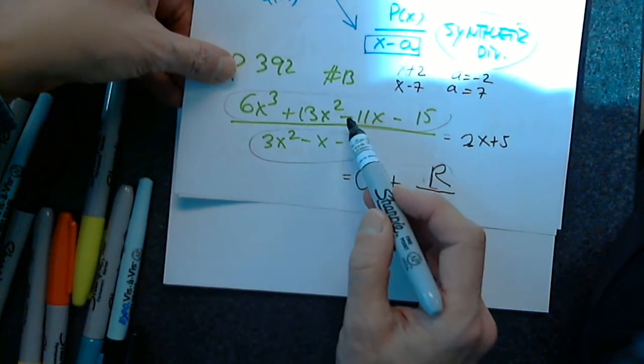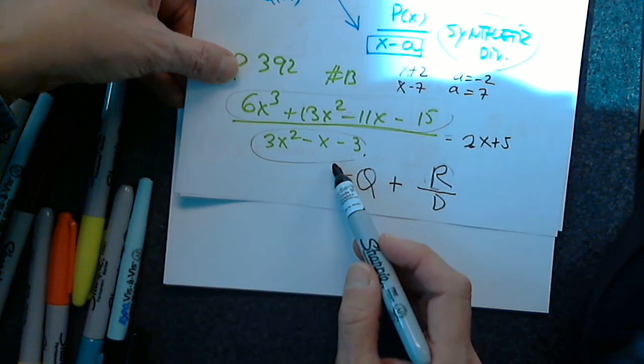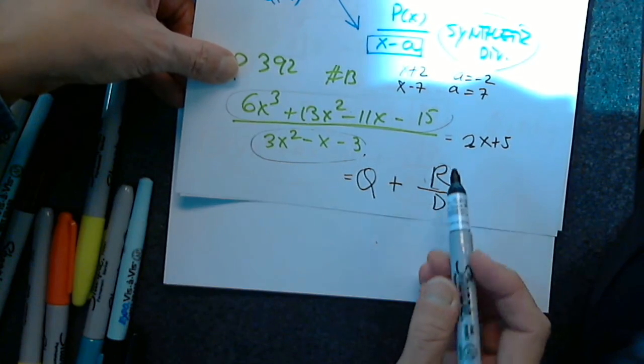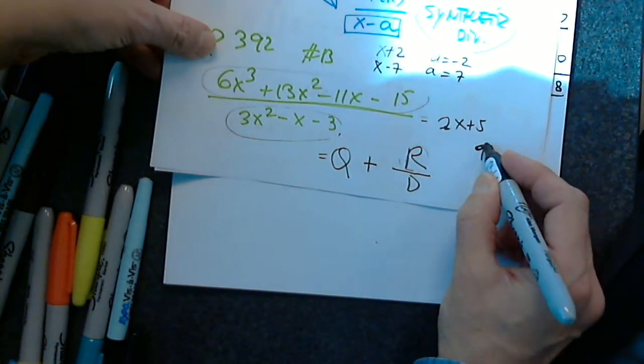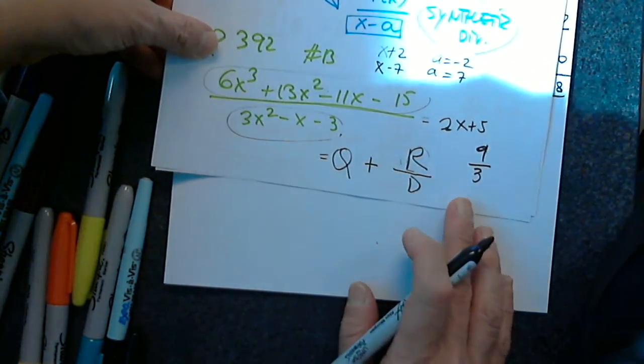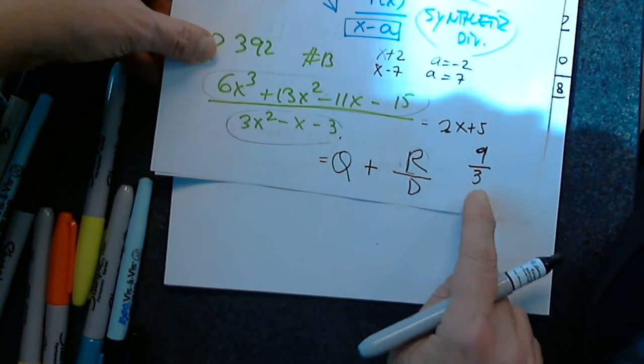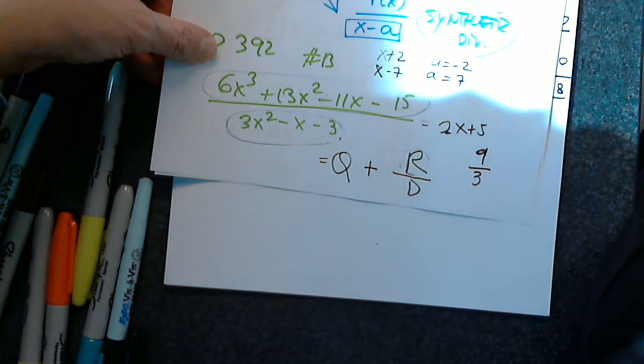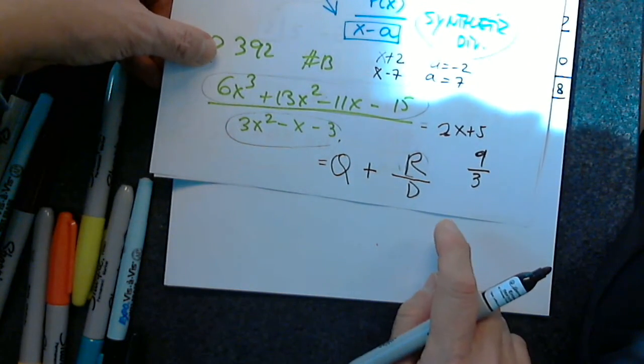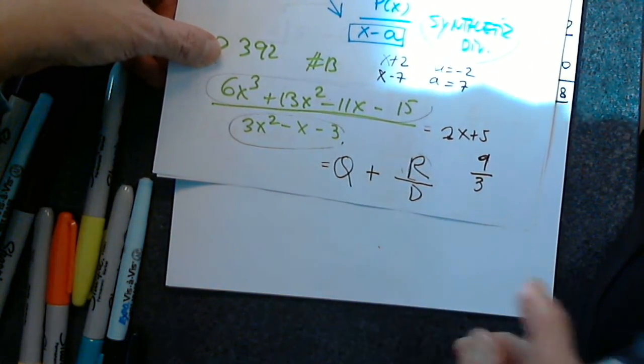So whenever I divide a polynomial by another polynomial and get no remainder, like 9 divided by 3, is there a remainder? No. Why? Because 3 is a, and I'm missing one word, because 3 is a factor of 9.